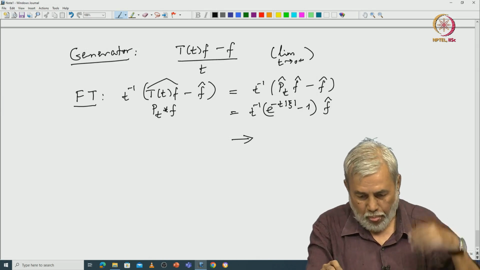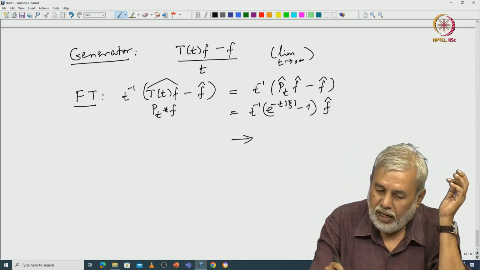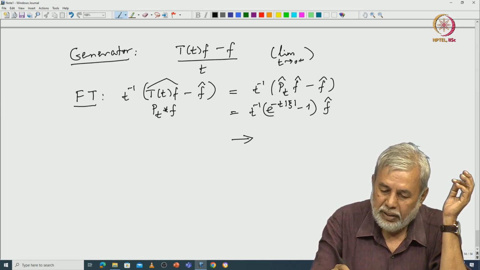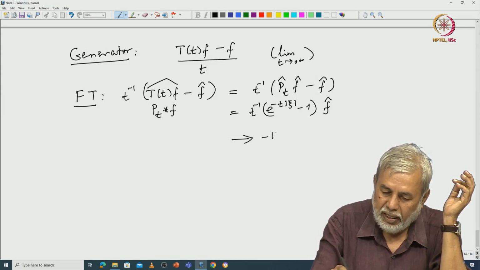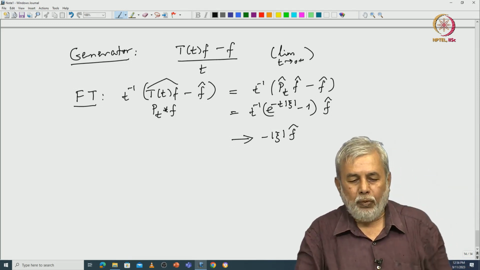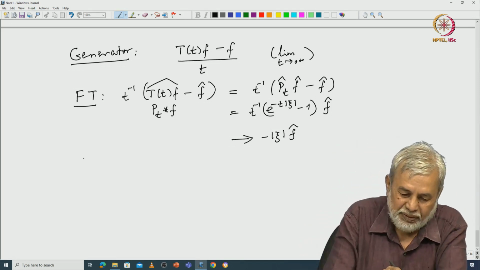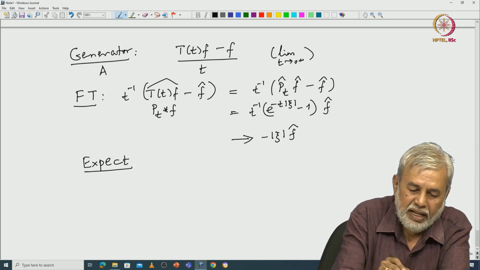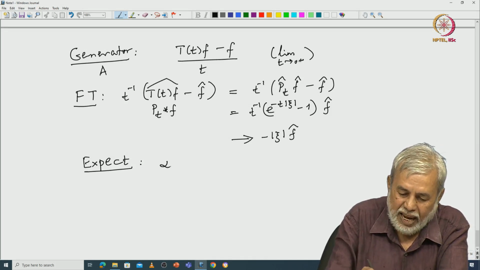If you write it as 1 minus t mod xi, you get minus mod xi f hat. So, let me again write xi.